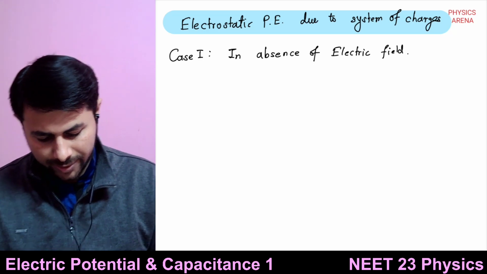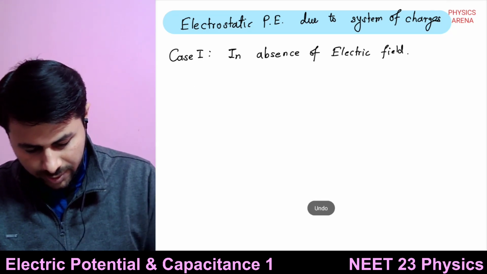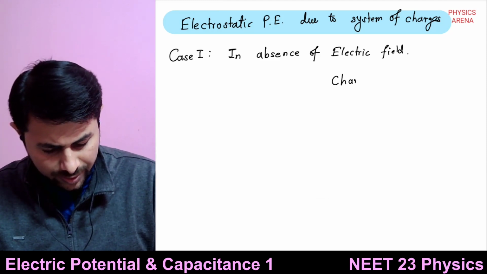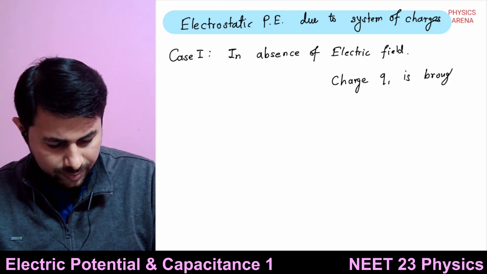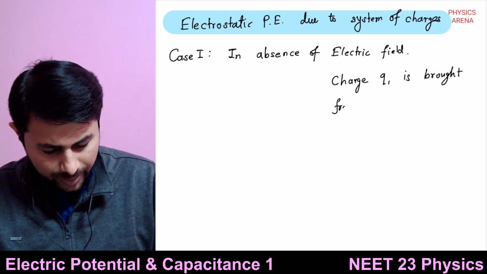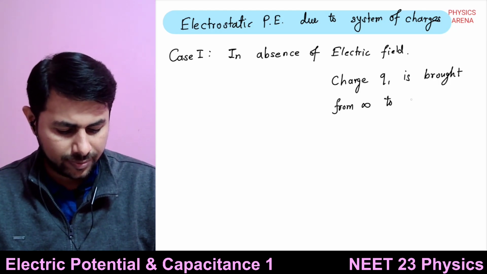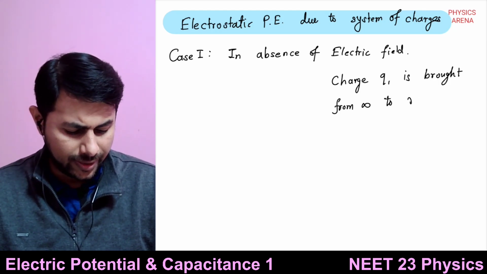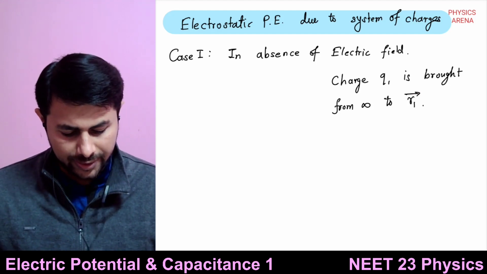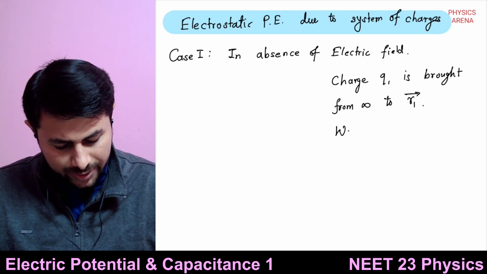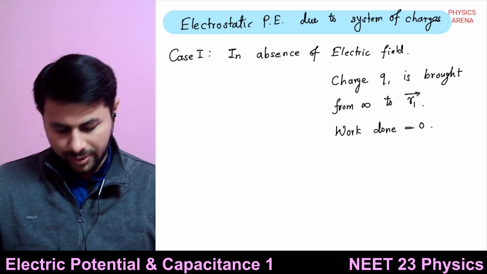So let's suppose charge Q1 is brought from infinity to some position vector r1 bar. Work done in this process is equal to 0.